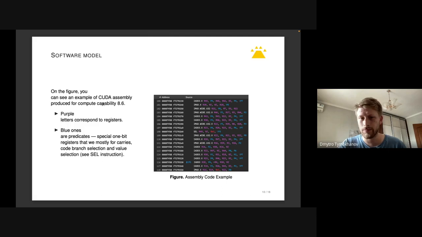You can see the names of methods followed by purple registers and blue predicate registers. These predicates are 1-bit registers used for carries, and also you can see that they control the flow. Here P1 basically tells you to not execute this operation. And by the way, one interesting difference between GPUs and CPUs is that you cannot really do branch prediction.